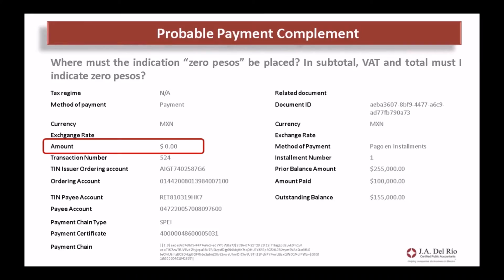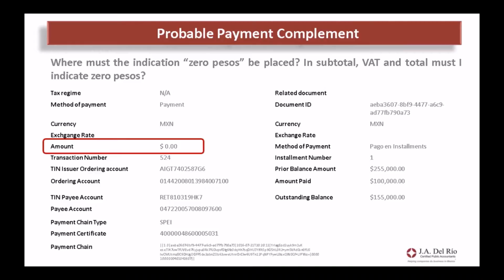So as mentioned, with this new rule 2.7.1.35 comes the new obligation of preparing each time that you receive a payment, a complement for payment. That is an XML with the complement. However, as mentioned, this complement has not been released yet.